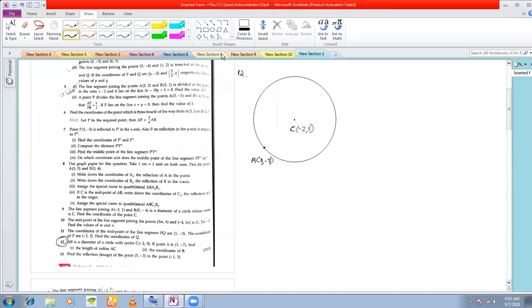Okay, so this is not a big deal. Length of the radius AC, what you do is you first join these two and then we'll see what we can do. Join these two. So now we shall find out the radius, length of the radius AC.